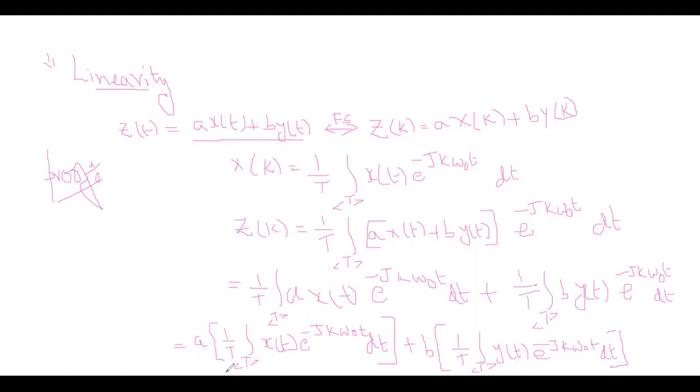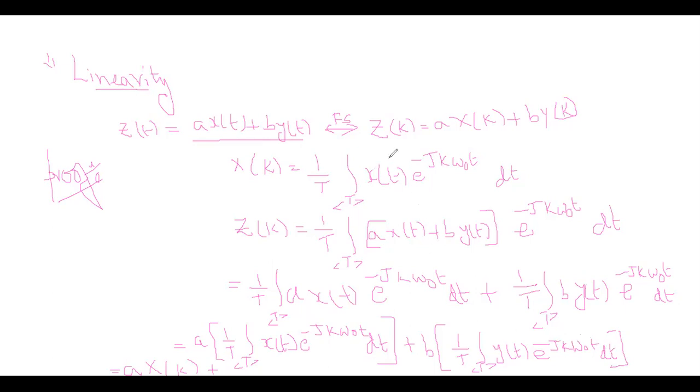So you can write it as a x of k plus, see here also b is multiplied with the parenthesis, the other equation we have, that is 1 by T integral over T y of t e power minus jk omega naught t dt.